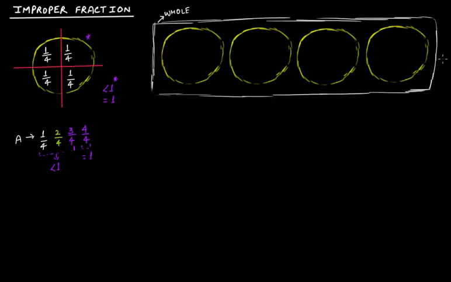So this is the whole. Now if this person A comes into action again and says, hey, give me this one, I want this one, that person takes this one.